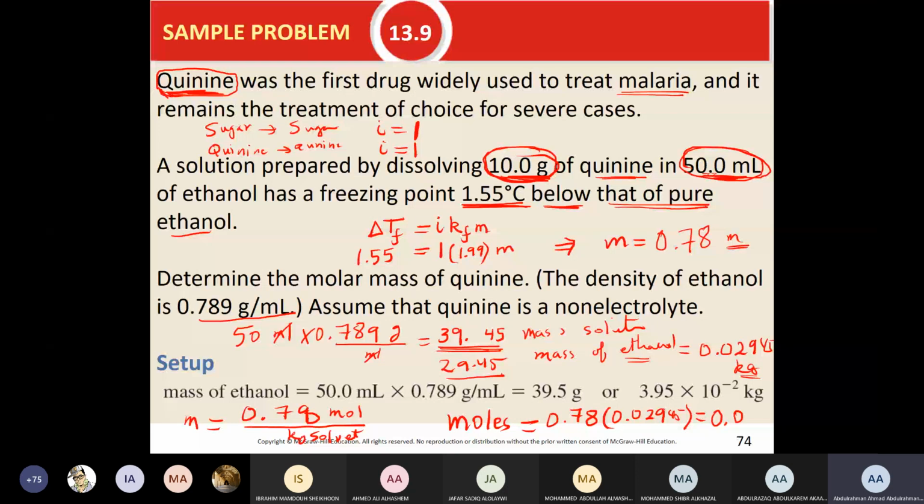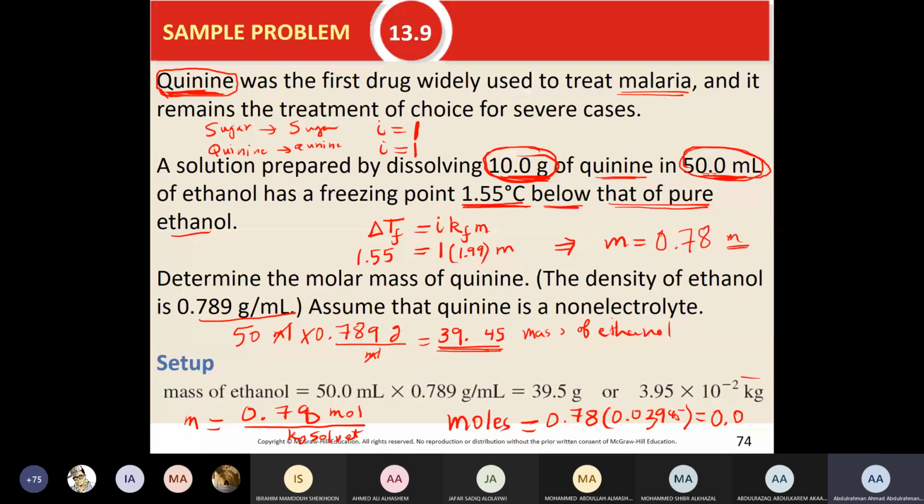Actually, I don't like the question, but it says here that they use the mass of ethanol only, not the mass of solution. So I don't have to do this. It's a bad question. This is the mass of ethanol, so actually it is 0.039. They should not say it this way.